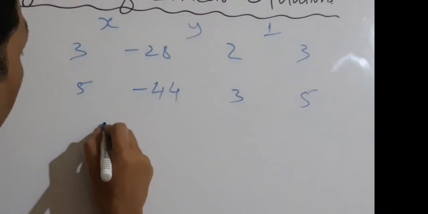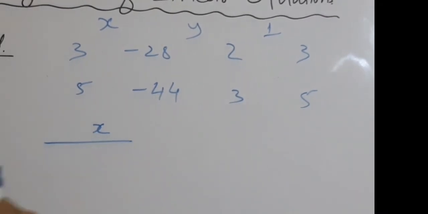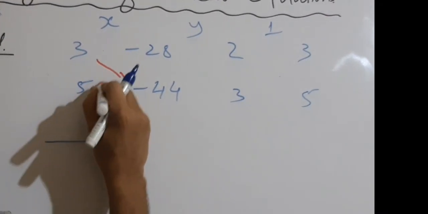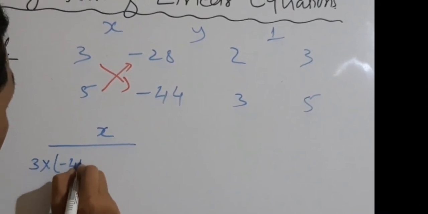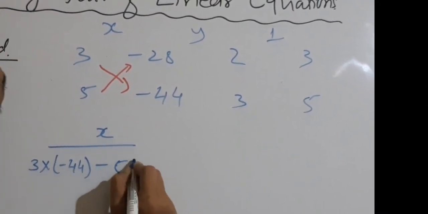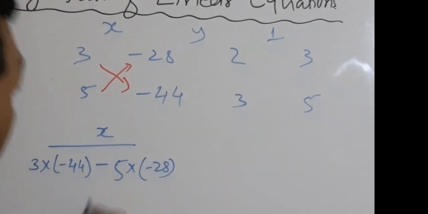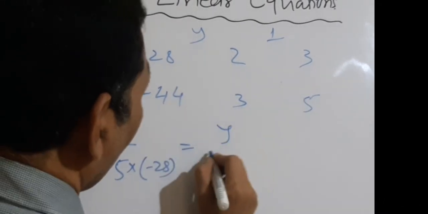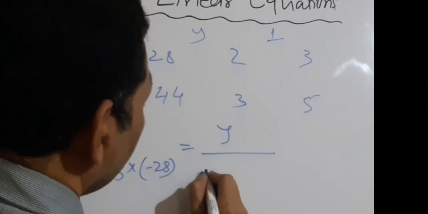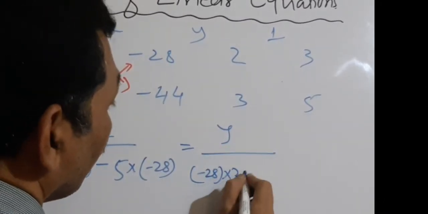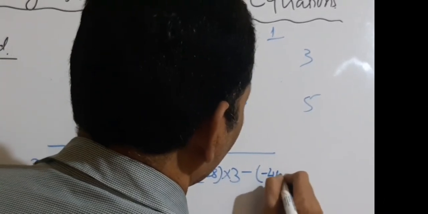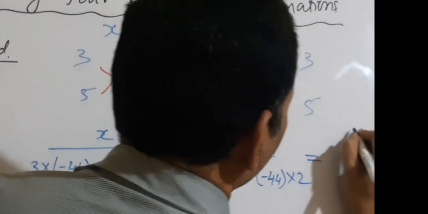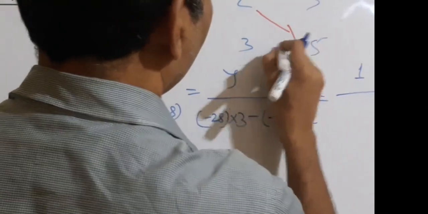So the next step will be x upon this, 3 into minus 44, 5 into minus 28. 3 into minus 44 minus 5 into minus 28, which is the same as y upon minus 28 into 3, minus 44 into 2, which is the same as 1 upon this, 2 into 5 and 3 into 3.